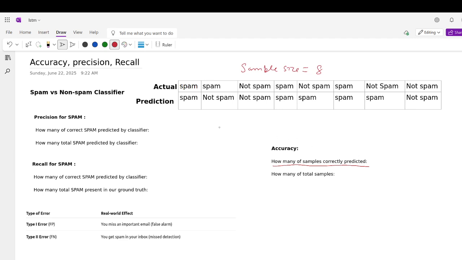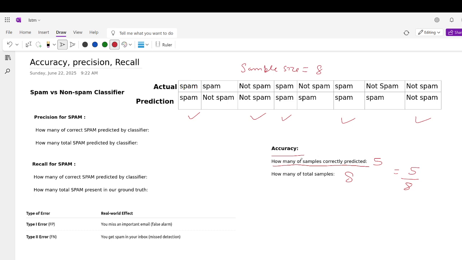Let's see how many are correct here. This is correct. This is not spam, but actually it was spam, so not correct. Correct, correct, correct, correct. In total, 5 examples were correct. And how many total examples are there? That is the denominator. There are 8 total samples. So the answer is 5 divided by 8. Very simple, the accuracy measurement.